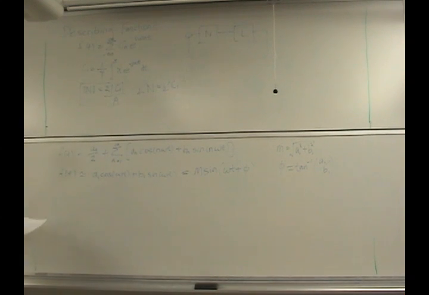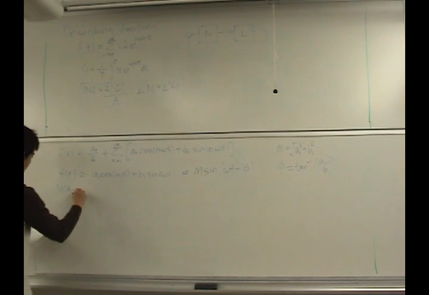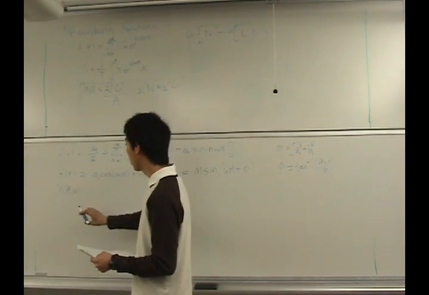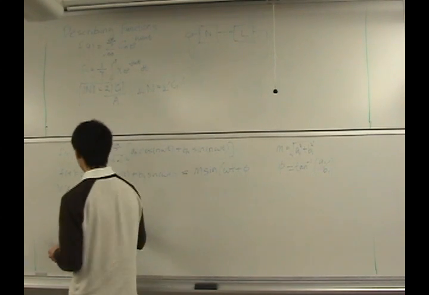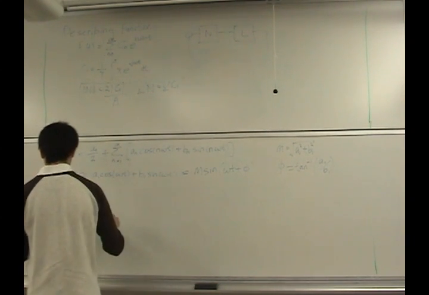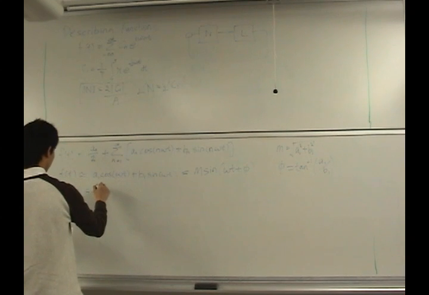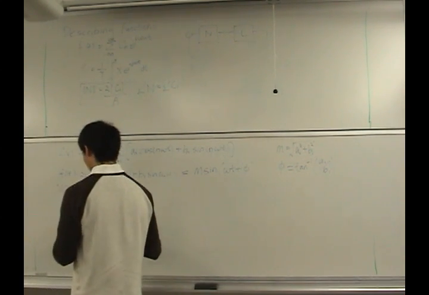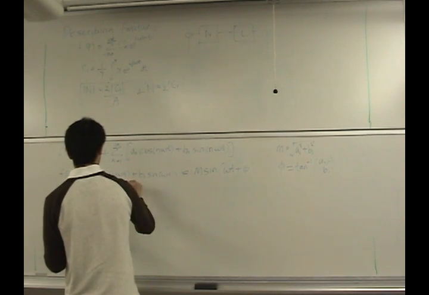So if we do this, then our describing function, remember it could be a function of the amplitude and the frequency, but right now we're only looking at the amplitude. So this becomes the output over the input.